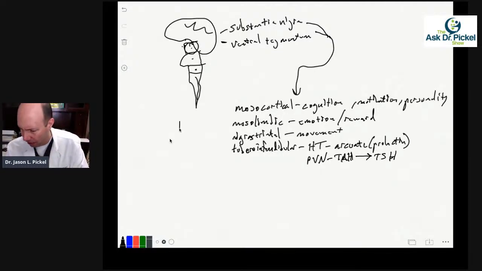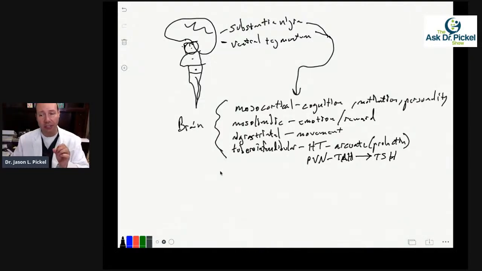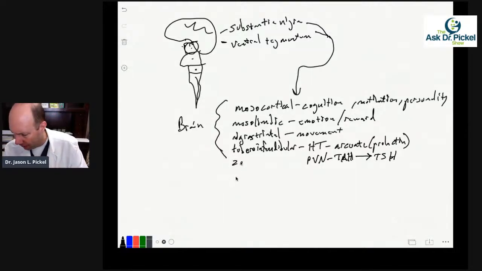Now, this is all brain sources of dopamine. Now, there's actually a couple others here. There's one called the zona incerta. And this is where you make GRH.